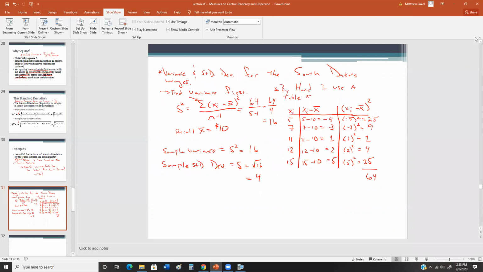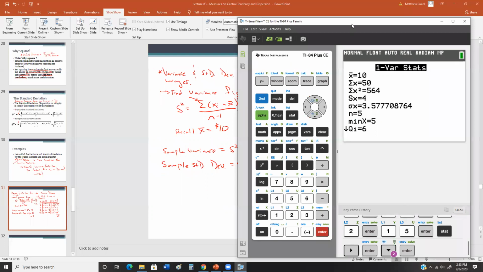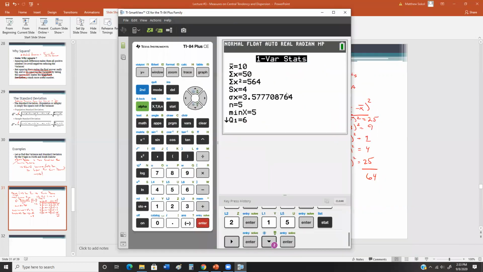To answer your question, where's the sample variance? The calculator doesn't directly give it to you, but to get the standard deviation, you square root the variance. So if you have the standard deviation, how can you get the variance? Can anybody guess?